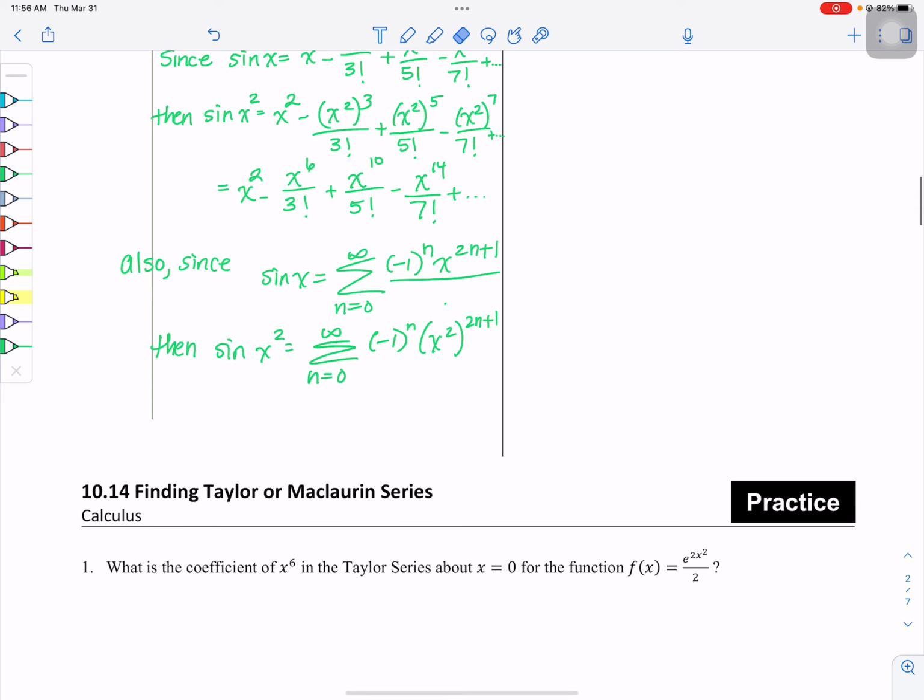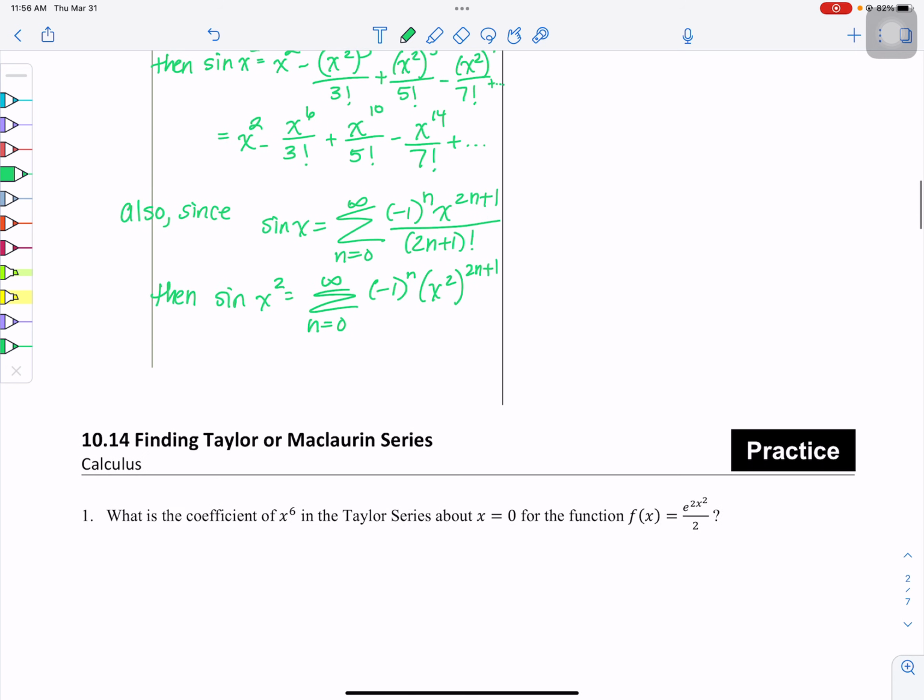All divided by 2n plus 1 factorial. Now we don't mess with the n's. We are only replacing our x with x squared. That's it.